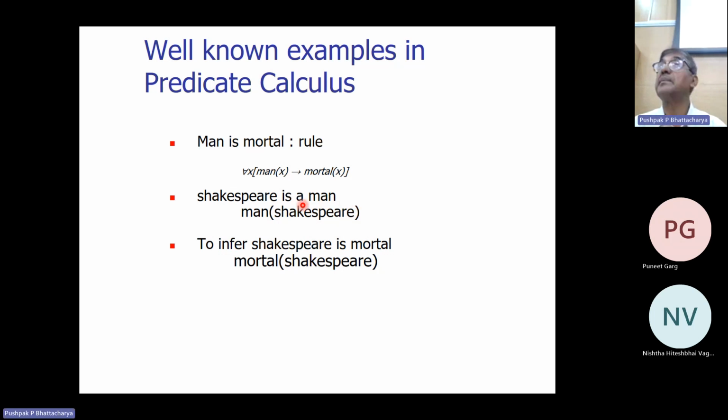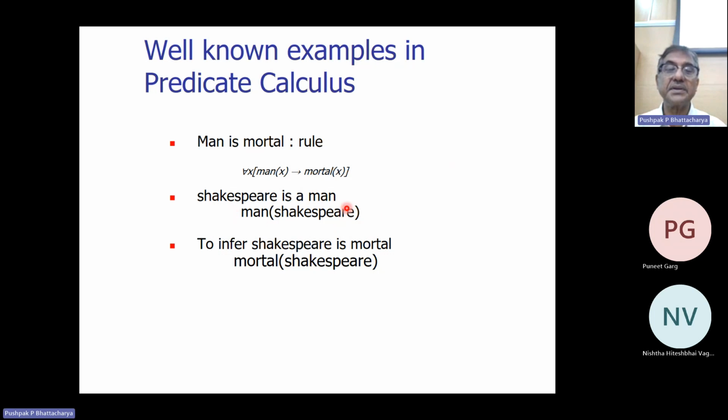So that's why it's called a predicate. And the name predicate calculus comes from this old language-based concept. So you take the predicate part and take the subject as the argument of the predicate. So man is converted to a predicate and Shakespeare is the argument of the predicate. A predicate is a function which evaluates to a true or false value of the argument.